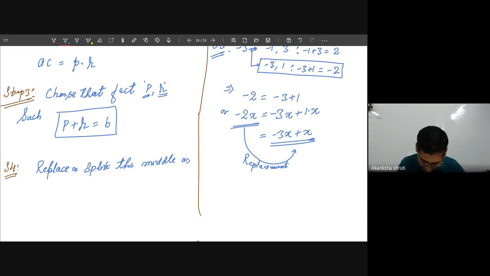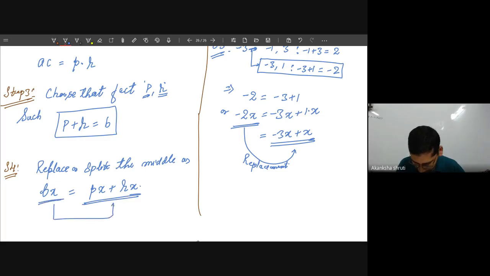What is the middle term? It is our bx. So we have to replace it by px plus rx. This thing we have to do. It means this middle term has to be replaced by this one. So this was step 4.